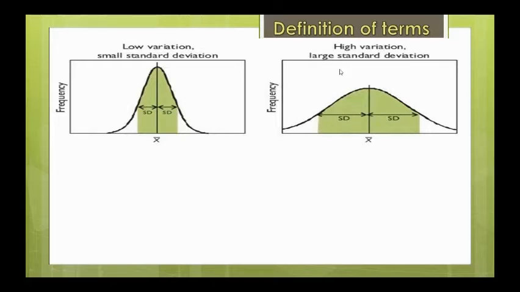So, mas malaki yung value ng standard deviation niya. So, mas wider yung graph ng high variation and large standard deviation compared to the first one, which has a low variation and small standard deviation.